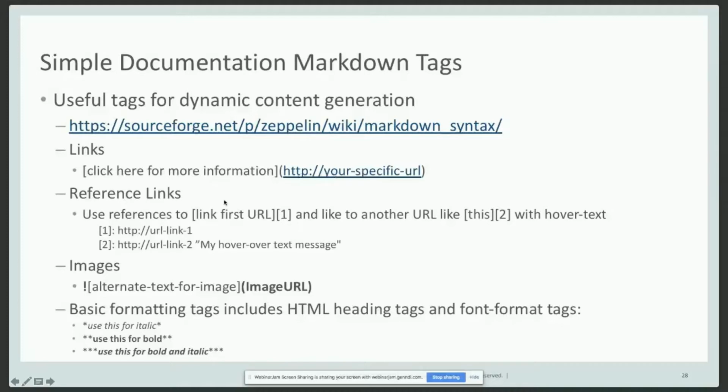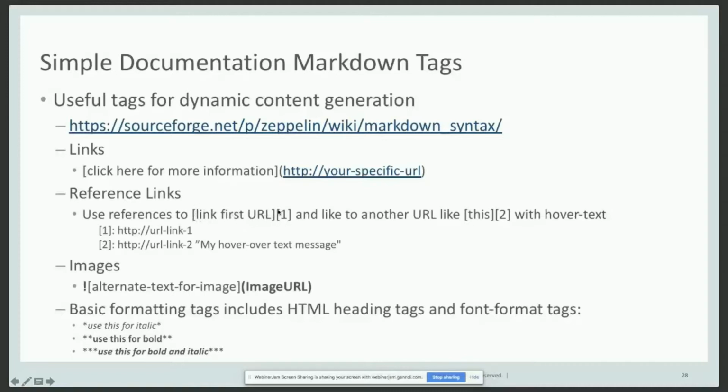Now I can set up multiple links, so I can make the information a little easier to read for the next person coming along, if somebody has to update the documentation set. I can also do reference links. So I might say link to first URL.